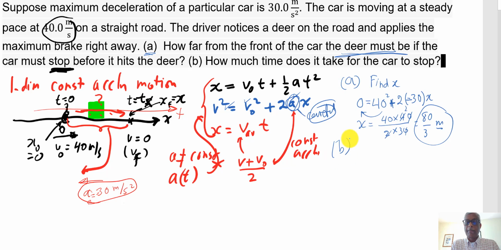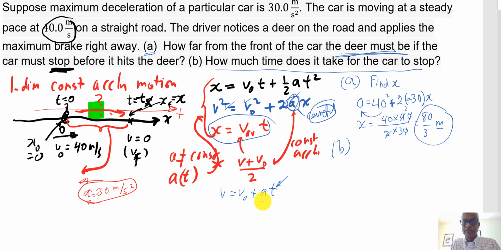How about B? How much time does it take? We can use the x we found, or there's another equation: v equals v0 plus a times t. From this we can find the time, and again we have to be careful with the sign.